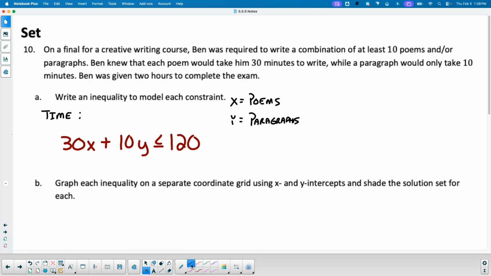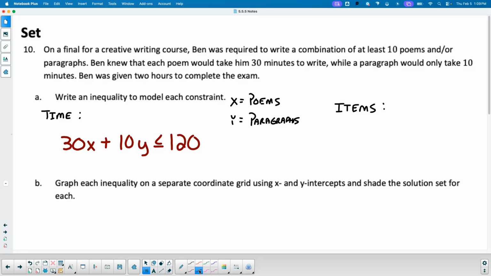Then we have items. How many poems is he going to write? We don't know.